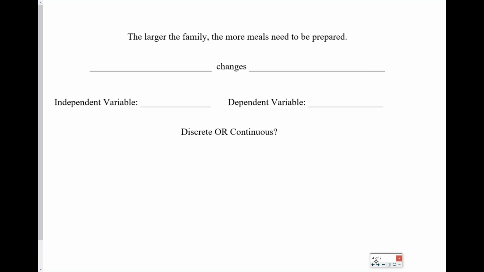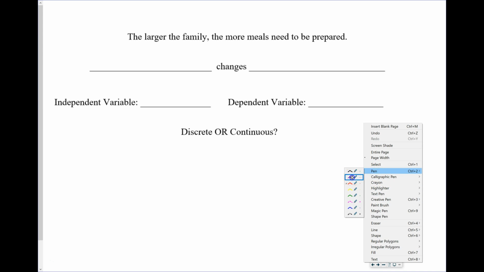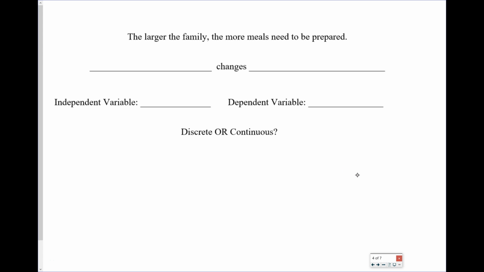The larger the family, the more meals need to be prepared. So if I'm feeding 2 kids, I have 2 meals. If I'm feeding 3 kids, I have 3 meals. So if I'm picking how many kids I want to have, I'm not necessarily picking how many meals I want to have. I'm choosing my family size. Then that means the family size changes the meals, the amount of meals.